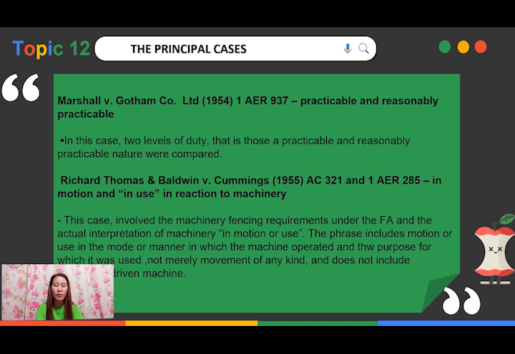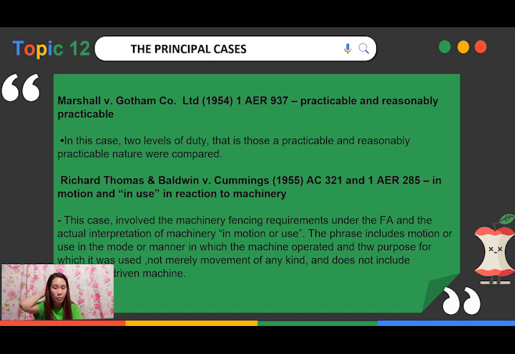Richard Thomas and Baldwin v. Cummings, 1955. In motion or in use in relation to machinery. So this case involved machinery fencing requirements under the Factories Act and the actual interpretation of machinery.